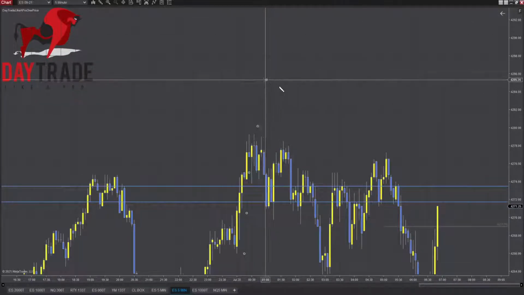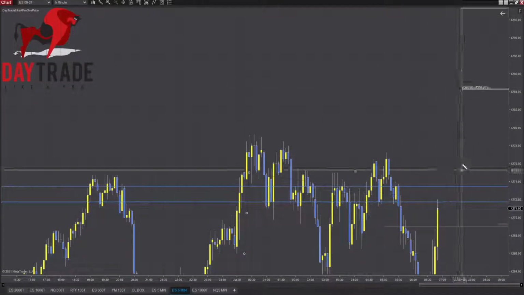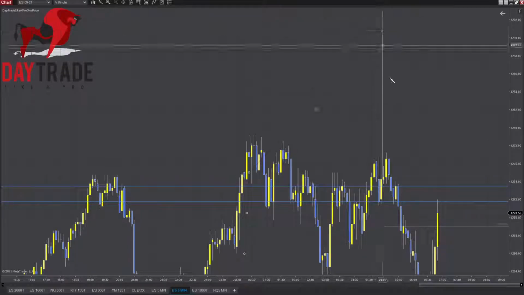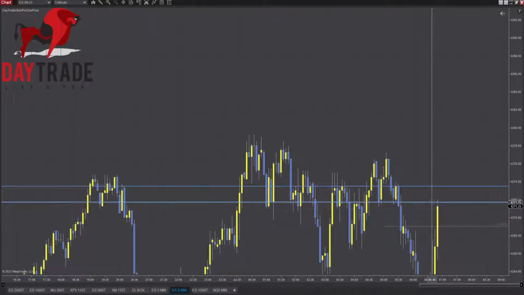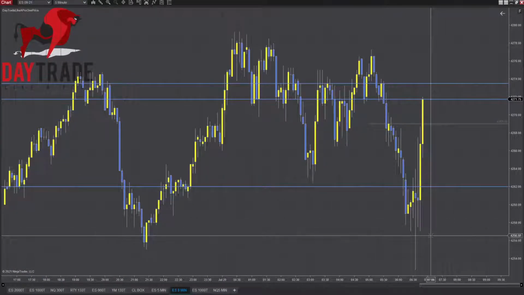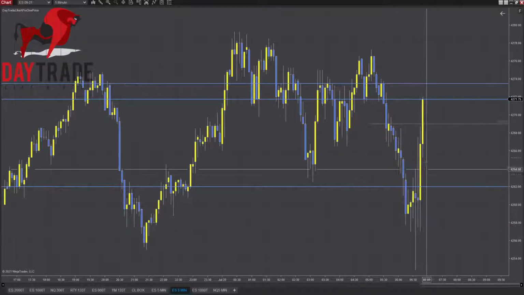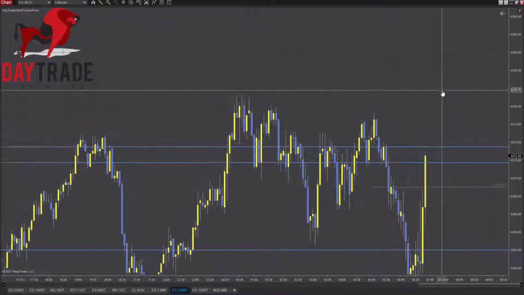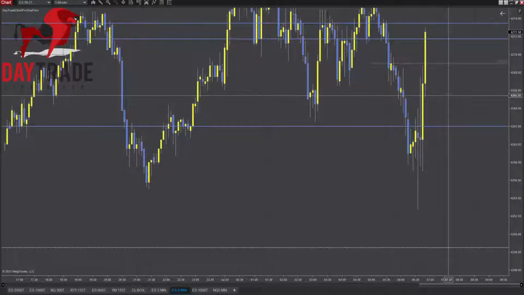And then when we get a pullback, assuming we would get a pullback, then we want to see, can they come down. Then we want to see, can we measure whatever this break was. So like, if this broke on this move, on this leg up, this is going to give us a huge target up there, which could correlate pretty well with what we already have up there.